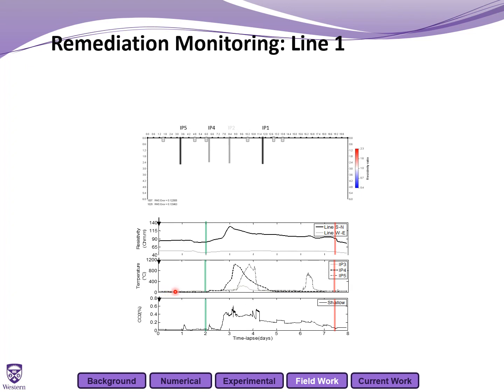You can see here we have low temperatures that massively increase during the thermal remediation and then slowly decrease again. Similar to the CO2, this is an indication that the remediation process is working when we generate these carbon dioxide gases here. So again, we can see the increase in carbon dioxide during remediation.